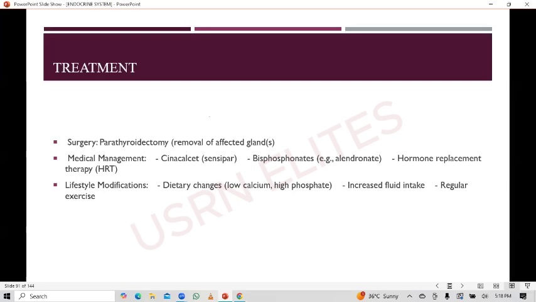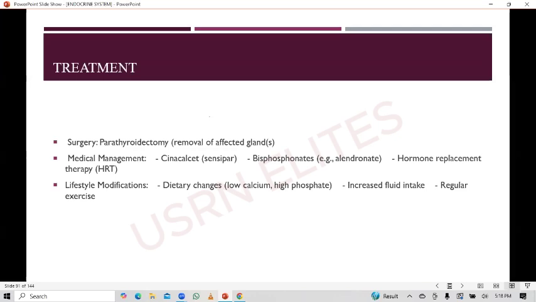So anytime one becomes affected and is removed, it simply means that we are not going to get enough of the parathyroid hormone. But it might not necessarily affect the other three. The other three can still be healthy, just that the production of the hormone will be affected. Okay, thank you.